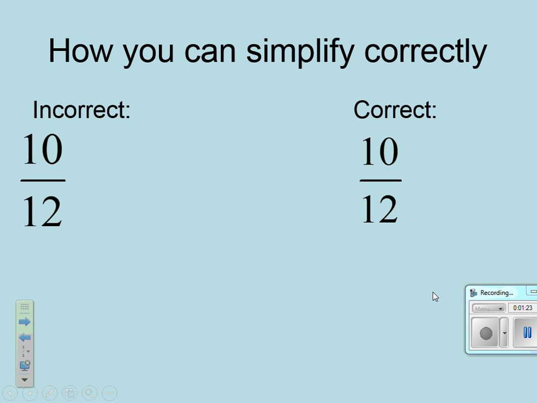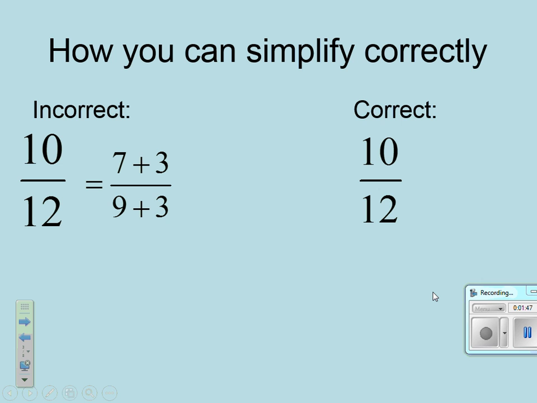So how can we simplify correctly? All right, we have two fractions here. They're the same fractions, and I'm going to talk to you about what's incorrect and what's correct. So let's first talk about what would be incorrect. Would you agree that 7 plus 3 is 10? I hope so. And would you agree that 9 plus 3 is 12?